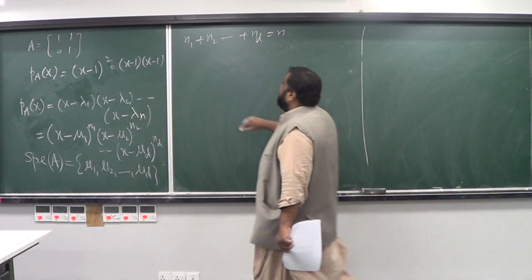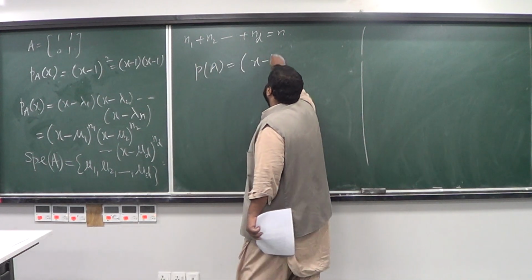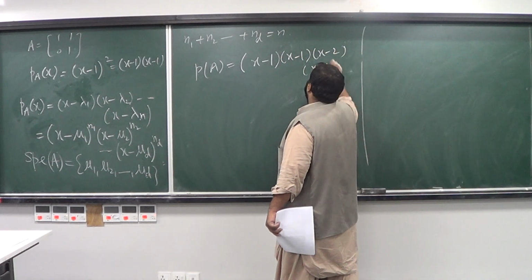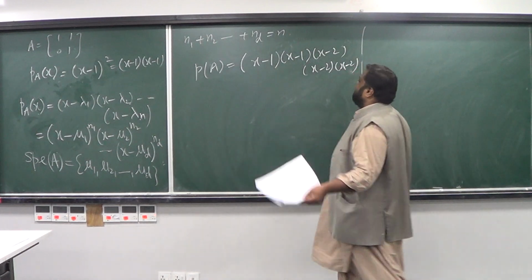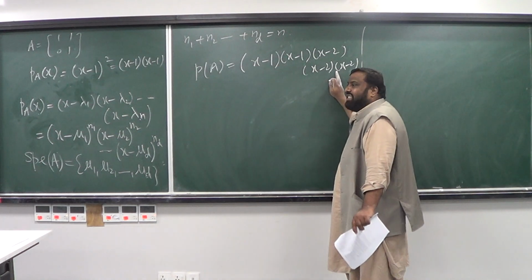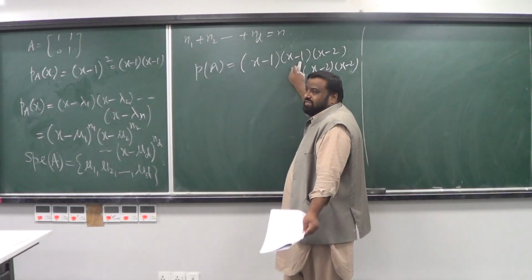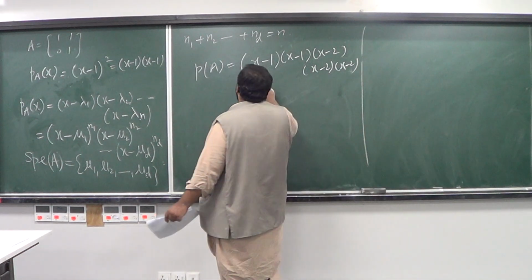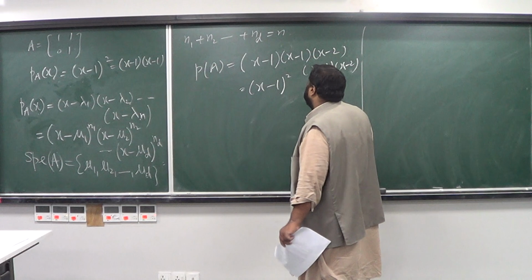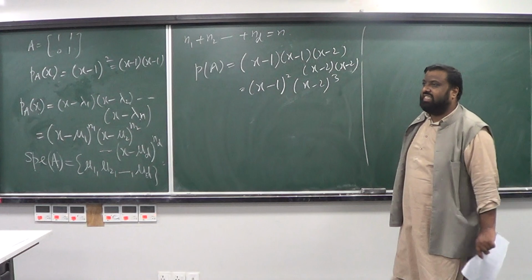For example, I can have a polynomial of the form x minus 1, x minus 1, x minus 2, x minus 2, x minus 2. It has 5 factors, but some factors are repeating. So this can be written as x minus 1 squared and x minus 2 cubed.